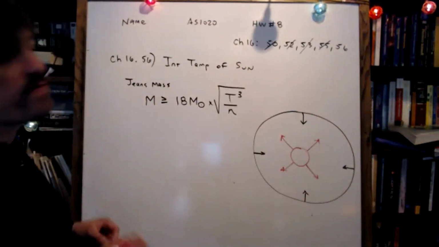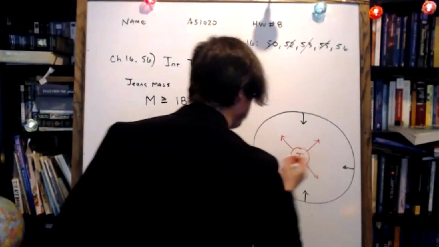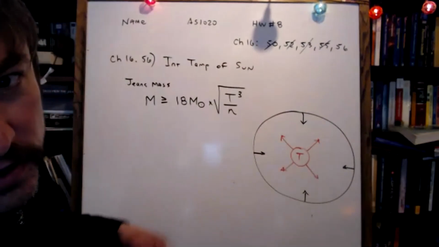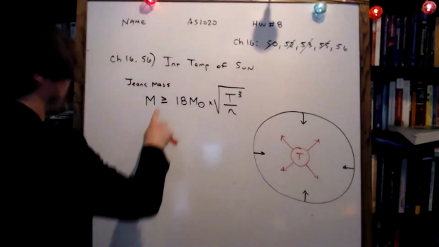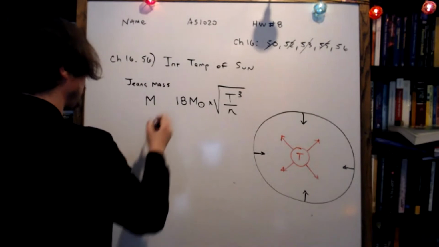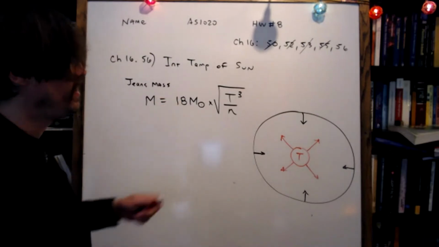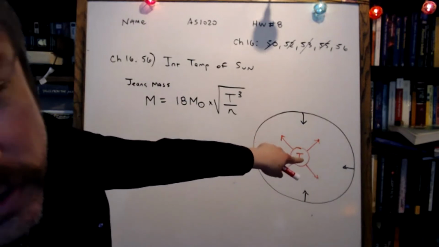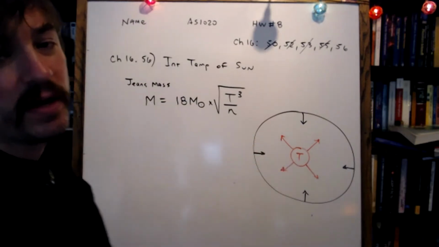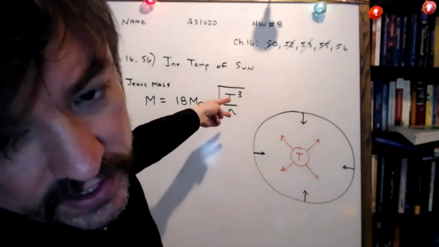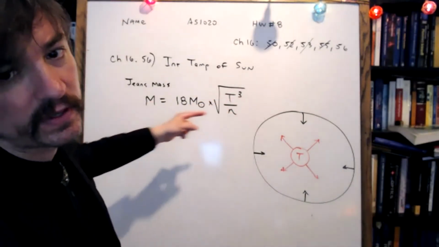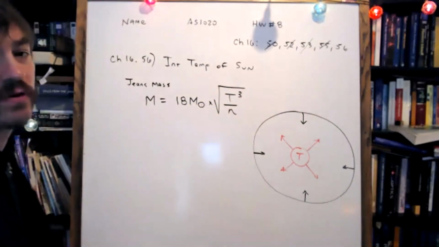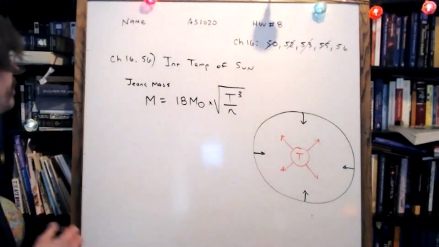Therefore, we can assume that the sun is in sort of thermal pressure balance. We're going to make this an actual equal sign, and we're going to use this intel to calculate the internal temperature of the core of the sun. But to do that, we're going to have to figure out the temperature, the number density there. So go ahead, Tegan, and keep reading the problem.